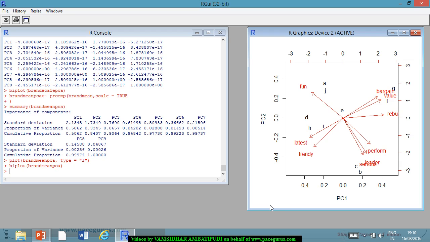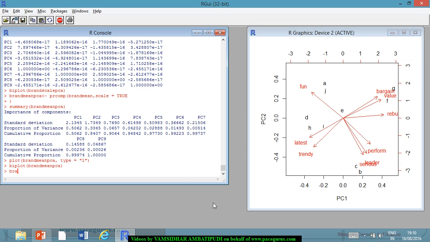So for that I can typically compute the data. I'll take the brand mean with respect to C, which I have given as a label, all the columns, minus the brand mean with respect to E, all the columns.